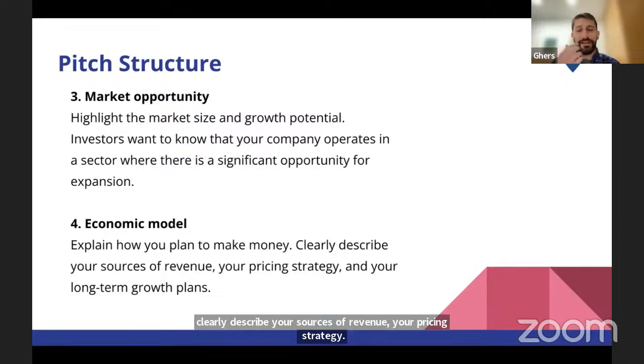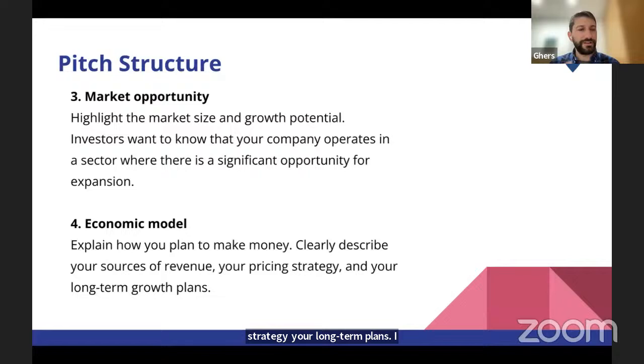I also think, and I repeat when I do these talks, these webinars, that it's very important to show that you have a clear understanding of the unit economics, so that you understand what the unit costs of the product or the service you're selling are, and how it compares to the revenue you're making, because it provides more than just explaining that you have that knowledge.